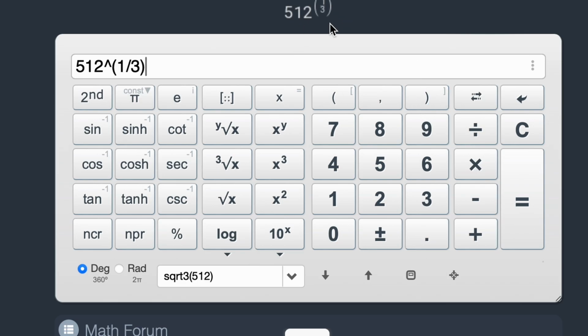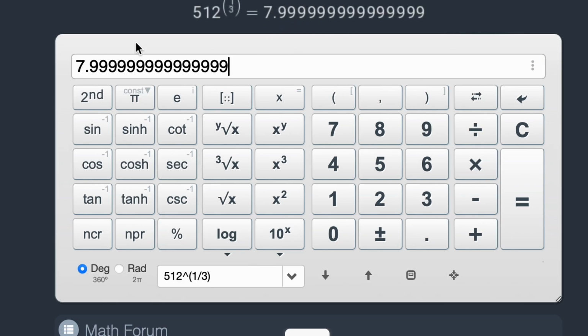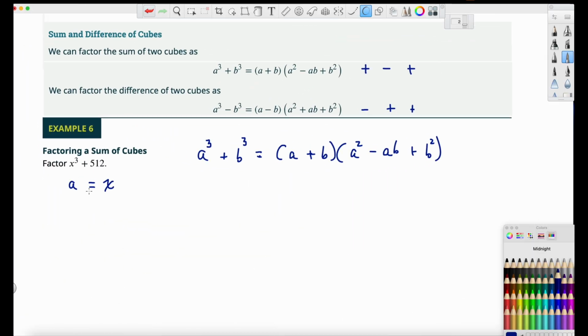We want to write it as an exponent. And we also get 7.9 repeating. Oh, that's 8. Interesting how it does that. So try that on a calculator. Take the cube root of 512, and you should get 8. So our b value here is 8.